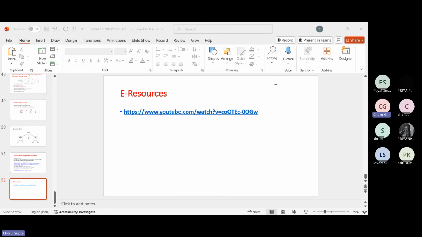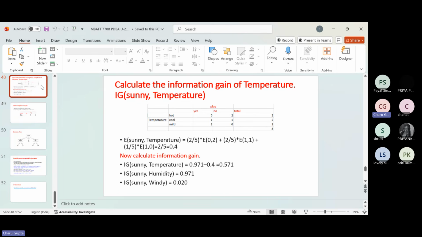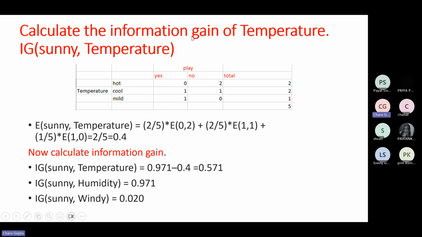Let's have a break of 5 minutes and then we will take up certain questions. By that time, I'm showing you this particular PPT again so that you can note down any calculations if you require. So after a break of 5 minutes, we will come back again and discuss the queries and questions.